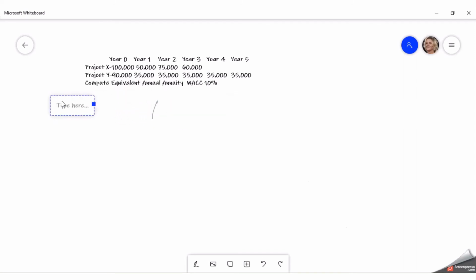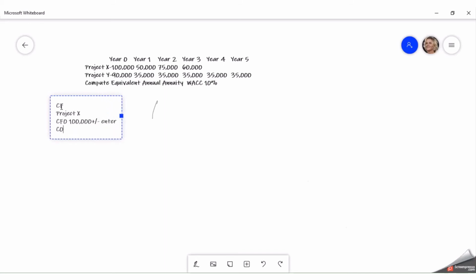Okay, so what we got to do is come to our cash flow function. Cash flow for year 0 for project X is 100,000. Hit your plus or minus button to make that negative. Hit enter.